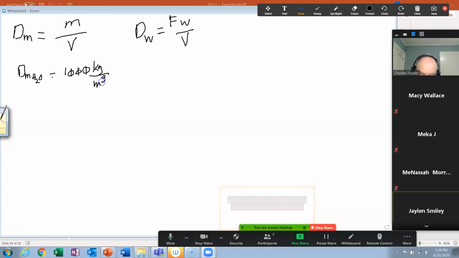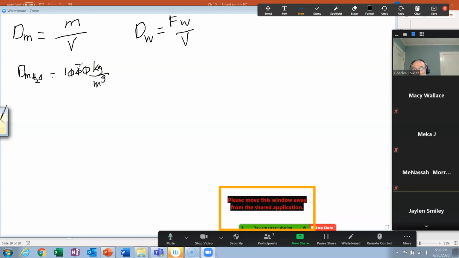Now that sounds like a lot, and indeed it is. And by the way, they specify that only that middle zero is significant. Well, the first one is too. The 1, 0, 0, those first three are significant. The last zero is not.